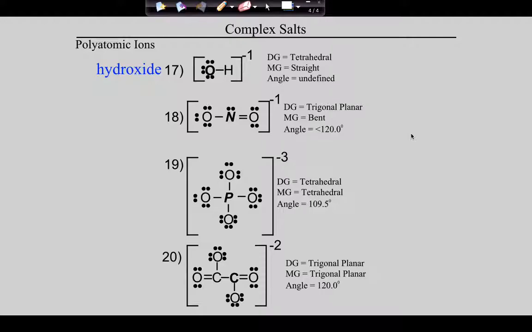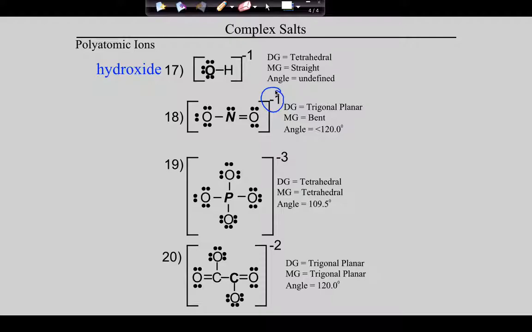So OH with a -1 charge is hydroxide. Continuing to the next one, this also has a -1 charge, so you'll find it in that bottom left-hand area. This is NO2. If you scan almost to the bottom of that group, you'll notice that there are two polyatomics that both contain nitrogen and oxygen.